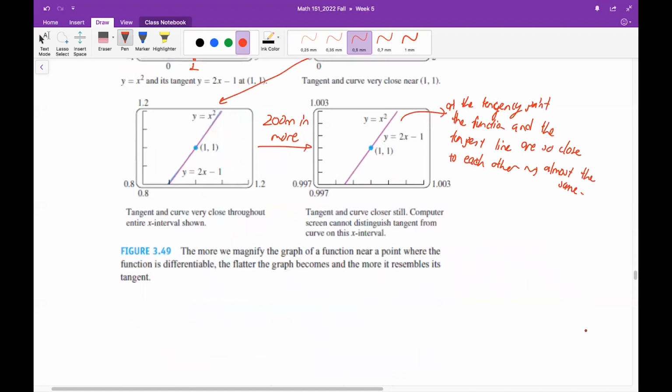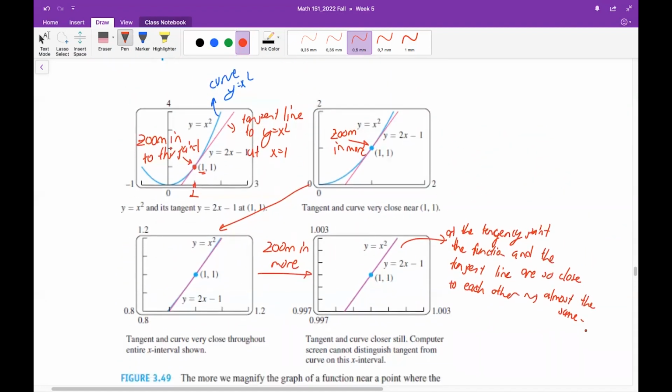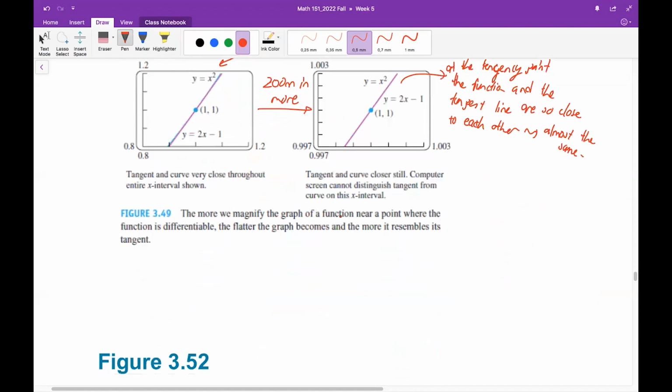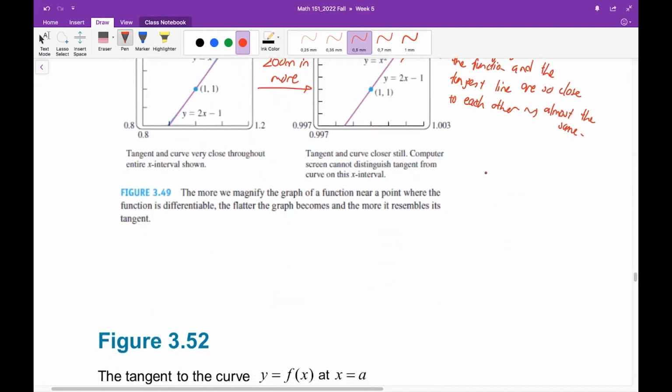Okay, so we will use this idea to approximate the value of the functions at some particular point. We can approximate the value of the function by looking at the value on the tangent line, and you see they are almost the same. So this kind of idea can be used to approximate the values of functions.